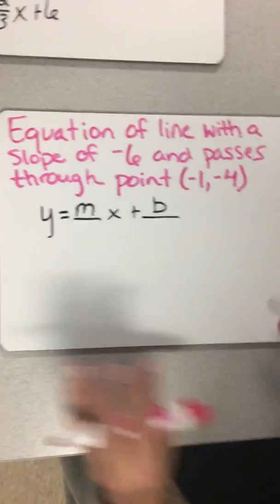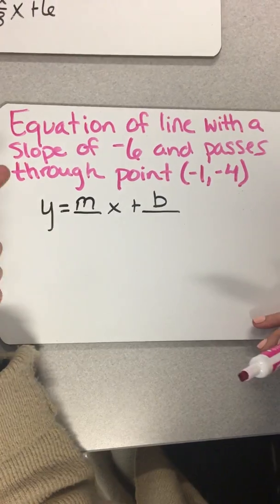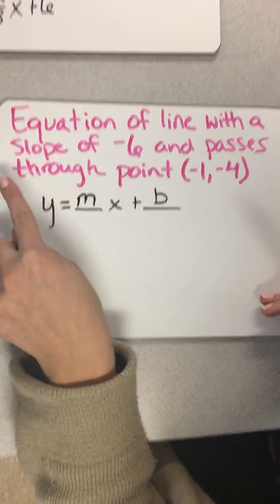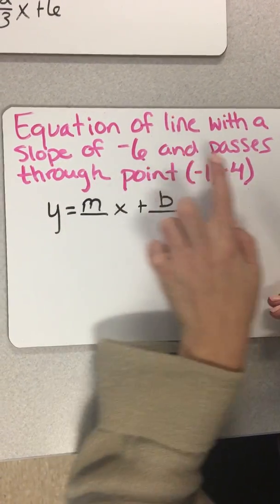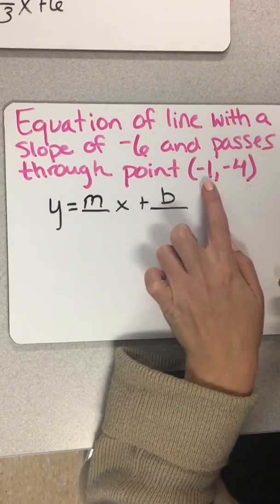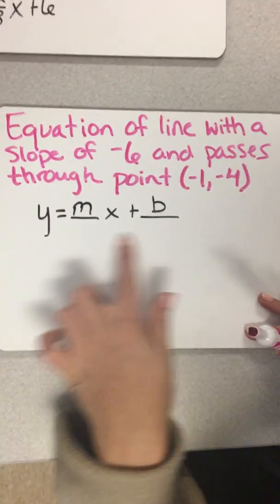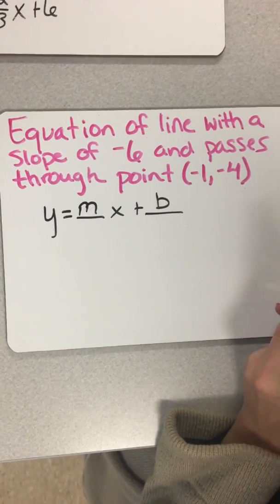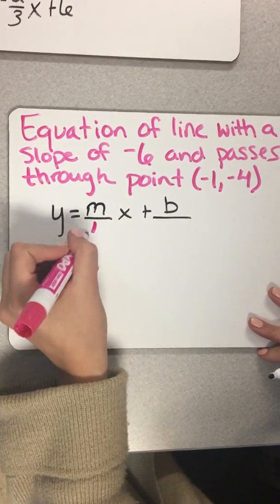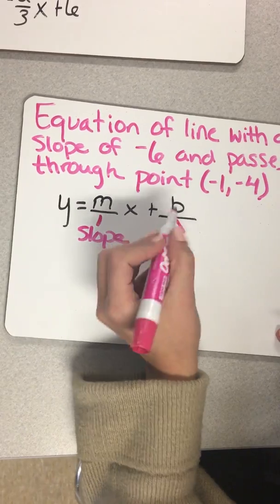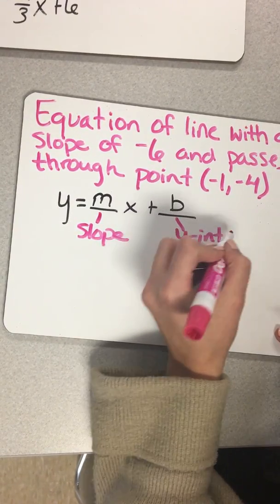All right, you might also see a question that looks something like this, where it's asking you to find the equation of a line with a slope of -6 that passes through the point (-1, -4). So this is our form of equation, y equals mx plus b. And if you remember, the m represents slope, and the b represents your y-intercept.